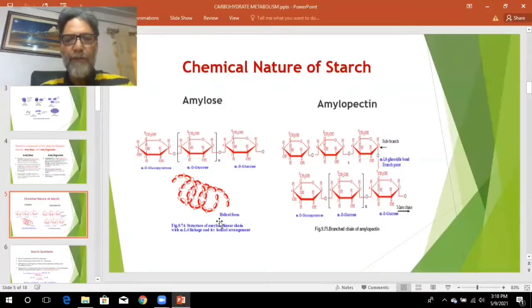That's why it is in the form of starch grains, which is a storage product. In case of amylopectin, you have a main chain that of course looks like amylose, having the same 1,4 alpha linkage, but there are side chains which will be branch chains. Side branches will be 1,6. So this is the structure of amylopectin and amylose.